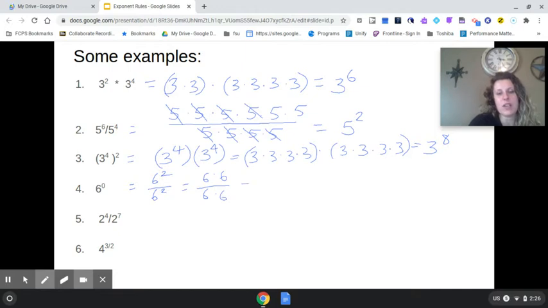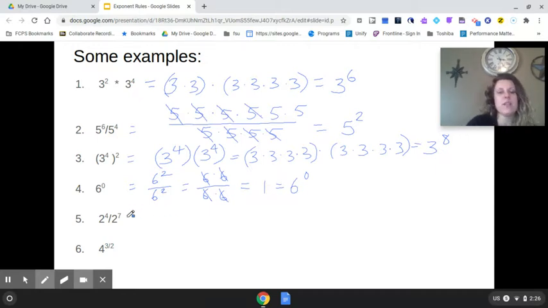We said earlier that we can divide those out. So 6 divided by 6 cancels, or would just give me 1. And again, 6 divided by 6 is going to cancel or just give me 1. So we see if we subtract those two exponents, 2 minus 2, we would get 6 to the 0 power. But expanding that out, we can see why that is. That means that both values here divided each other out. So we just get 1.